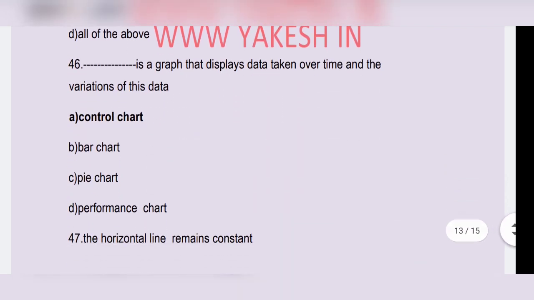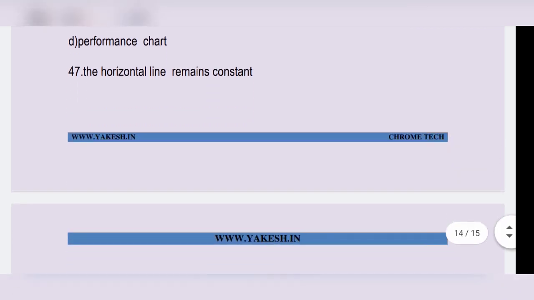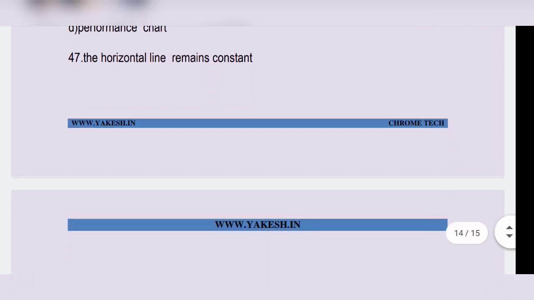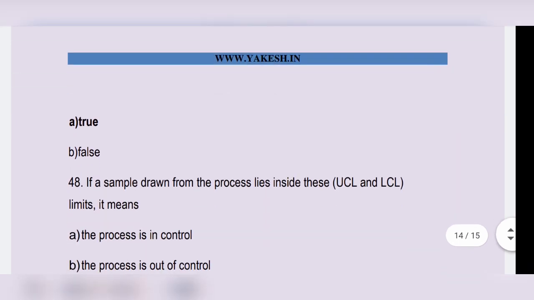Dash is a graph that displays data taken over time and the variation of the data. Option A, control charts. The horizontal line remains constant. Option A, true.